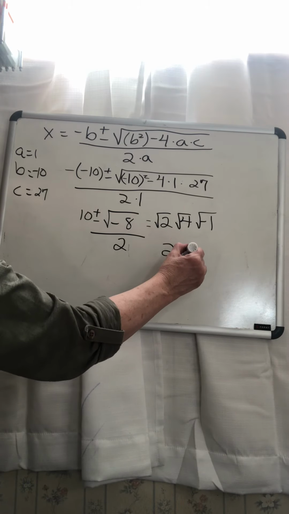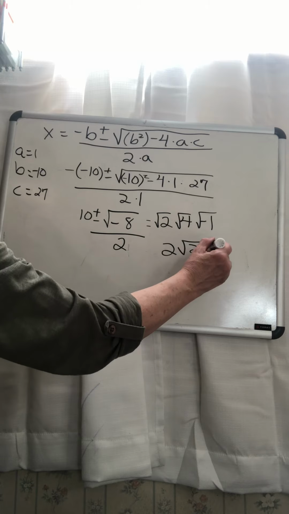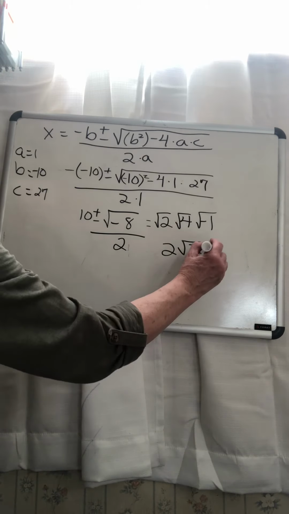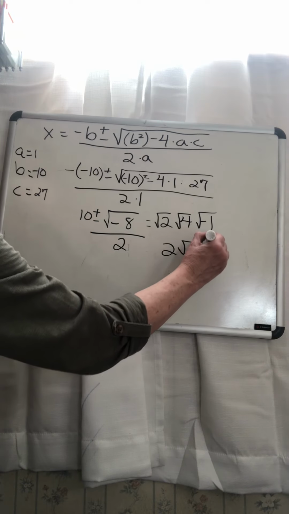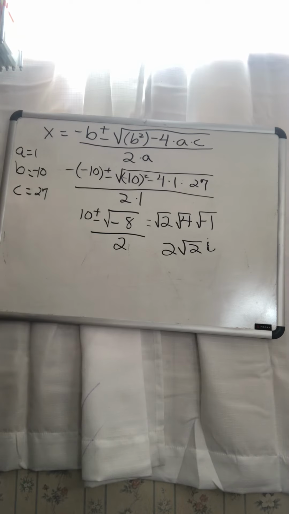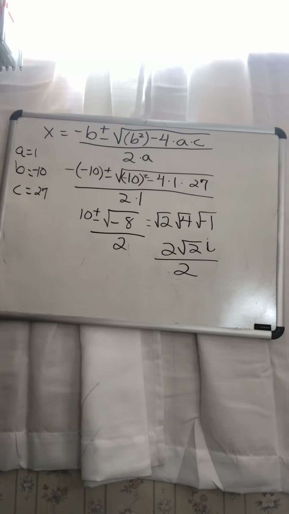And then we have times the square root of 2. Remember that 1, when it's a negative and it's inside the radical sign, it would be an I. So we have 2 times I. Okay, so now all of that's going to be divided by 2.